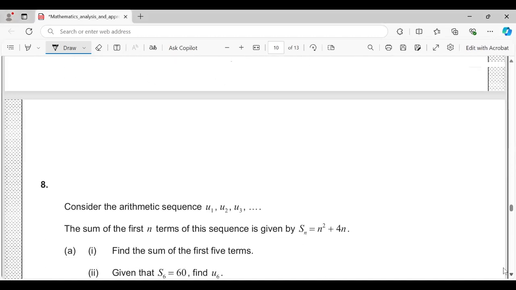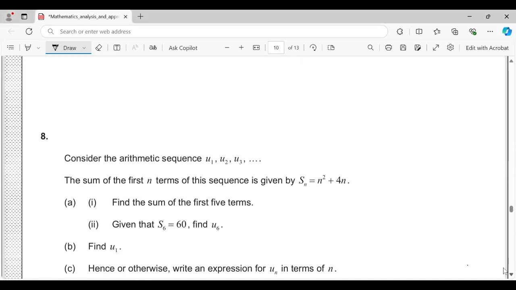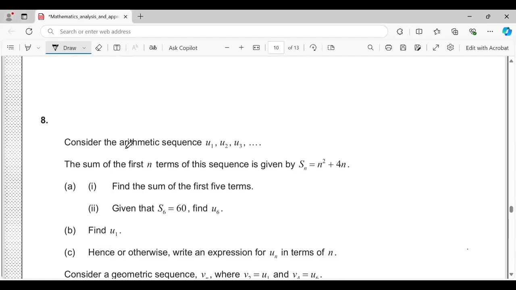Next, 8. Consider the arithmetic sequence U1, U2, U3, and so on. The sum of the first n terms of this sequence is given by Sn equals n squared plus 4n. A. 1.